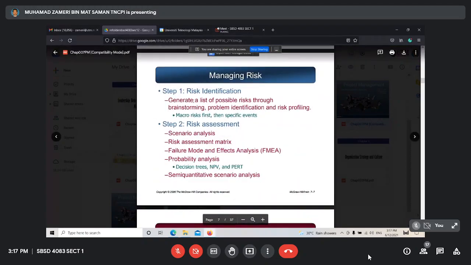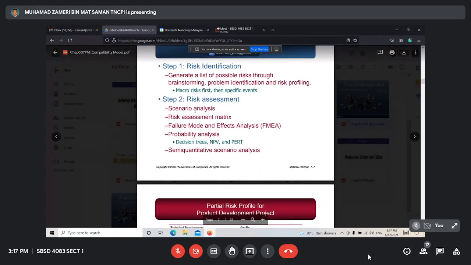The risk identification, then the risk assessment. This is the method to assess the risk. This is not included in your syllabus, but you only need to know what the method is. Okay, so I won't ask you to explain all these methods.